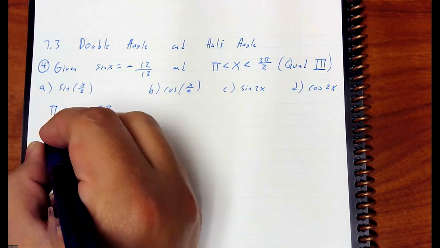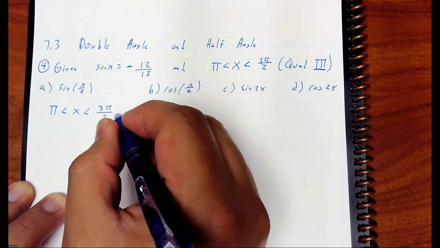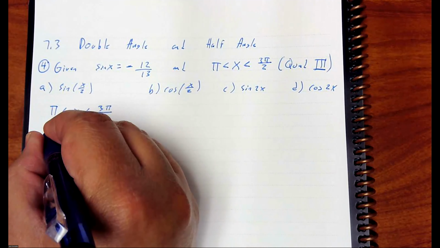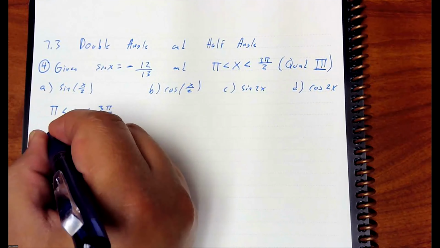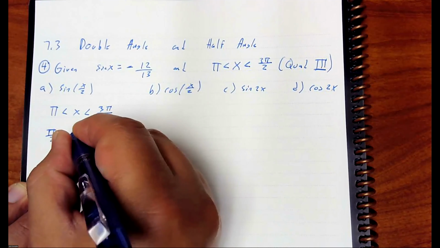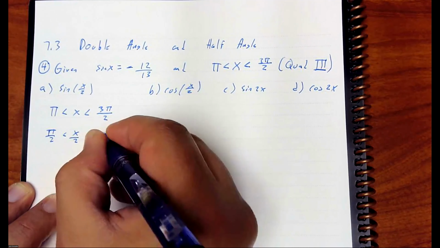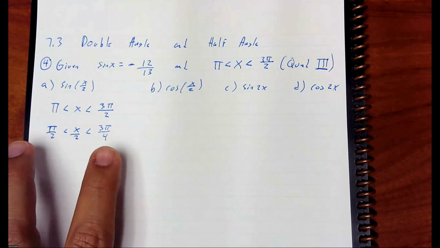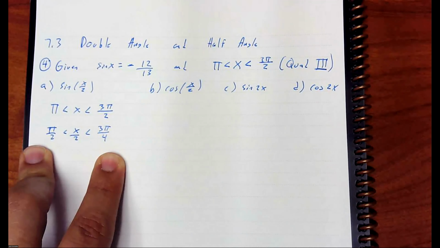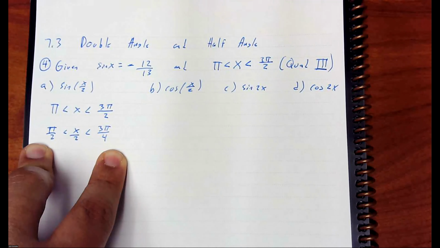So if I divide everything by 2, I would then be in what quadrant?